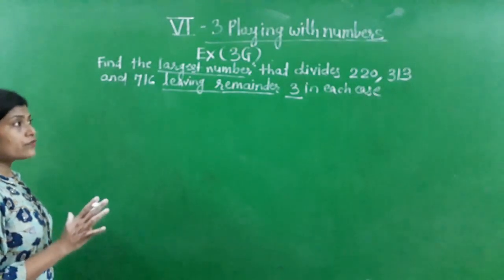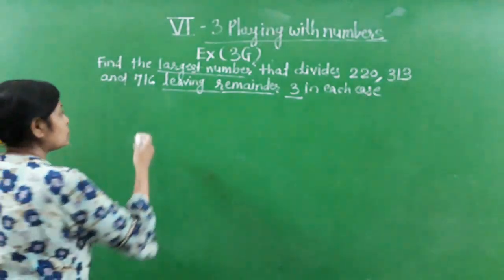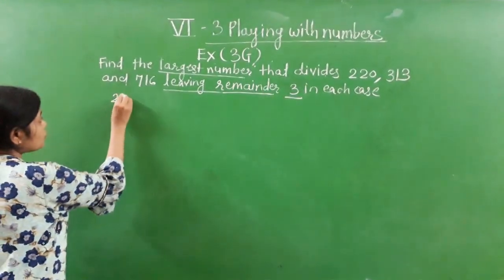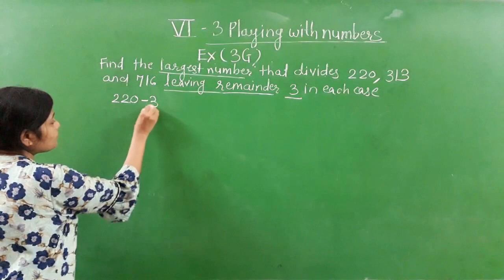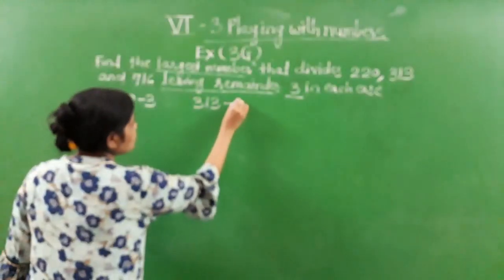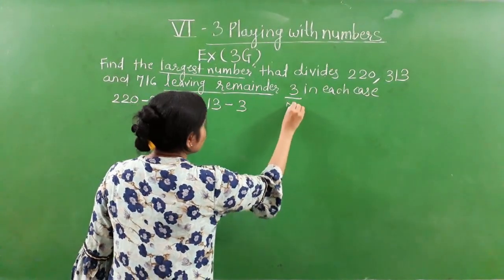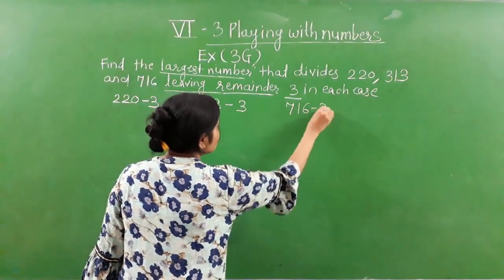So first, what we'll do is from every number we'll subtract 3. So here we'll get 220 minus 3, then 313 minus 3, and 716 minus 3.